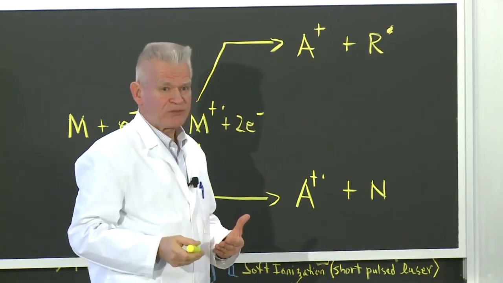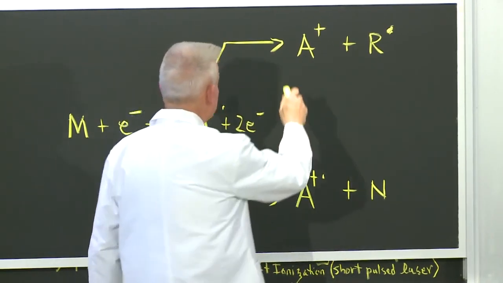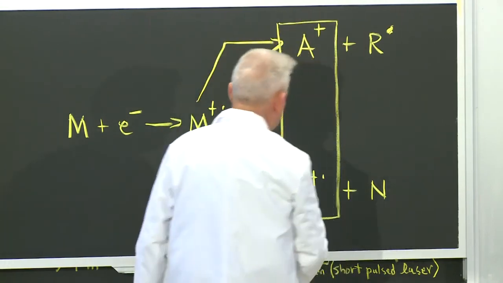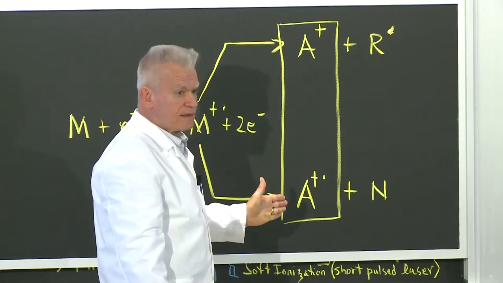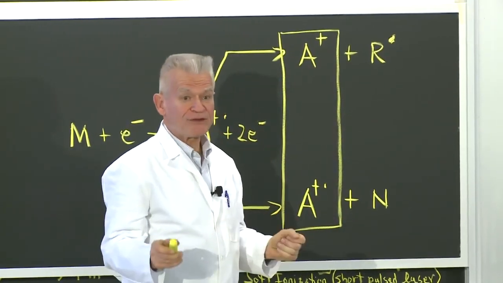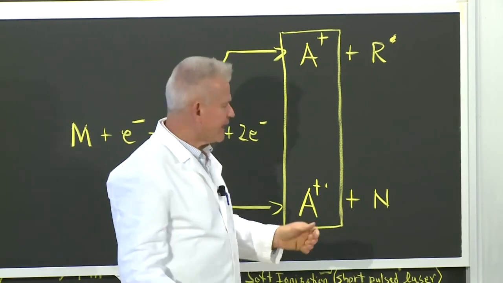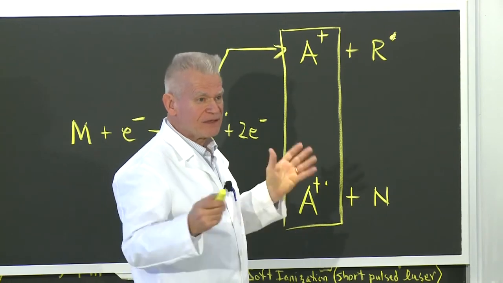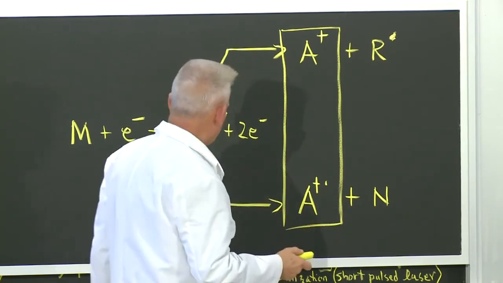What we detect with mass spectrometry is these daughter ions here. These are the peaks we see. We don't see the radicals or the neutral molecules, but we could figure them out by subtracting the fragments from the molecular weight. And then we'll know what's been lobbed off.